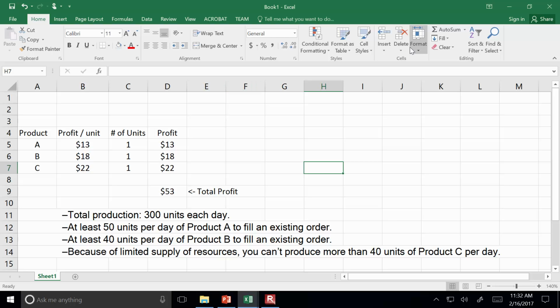So what we can do using Solver is put in the constraints to tell us what's the best thing we should do.